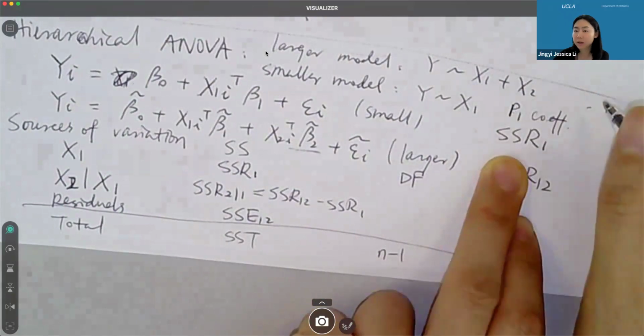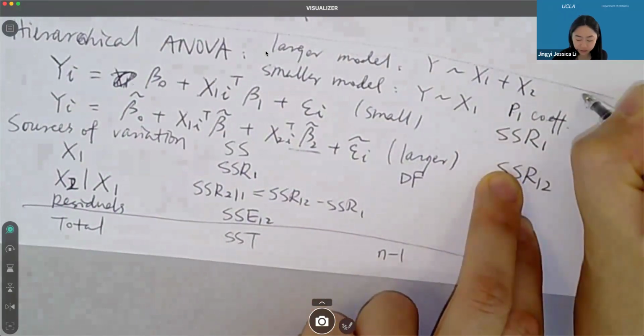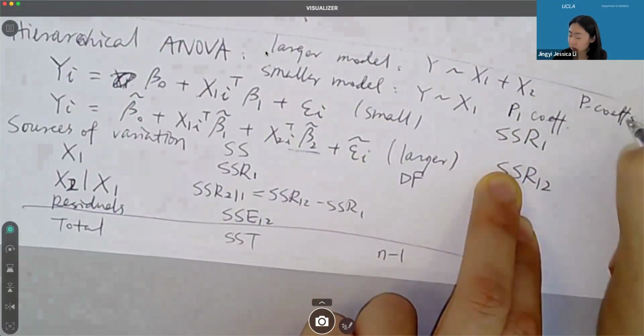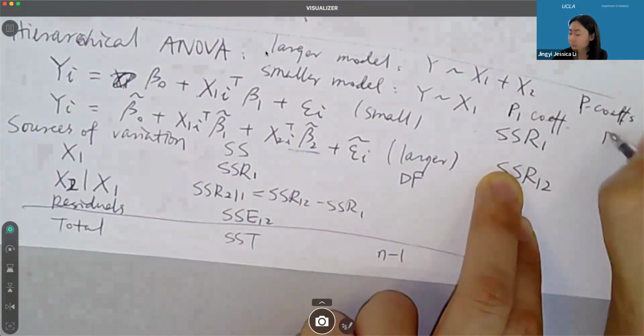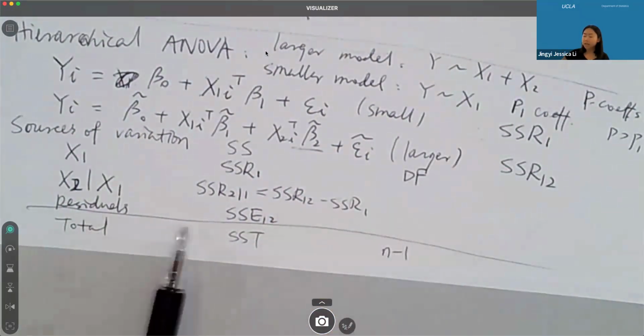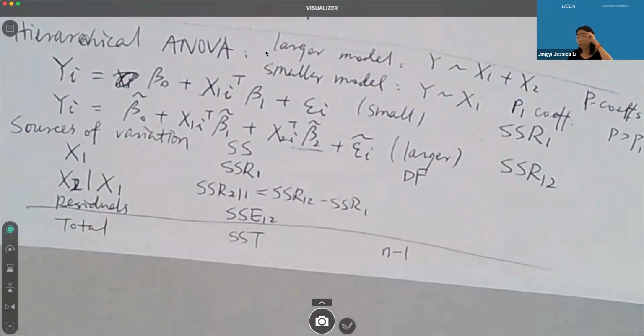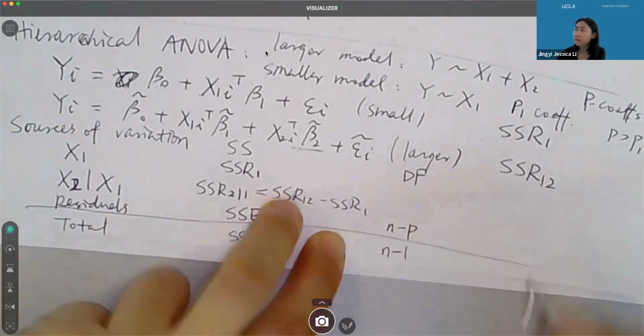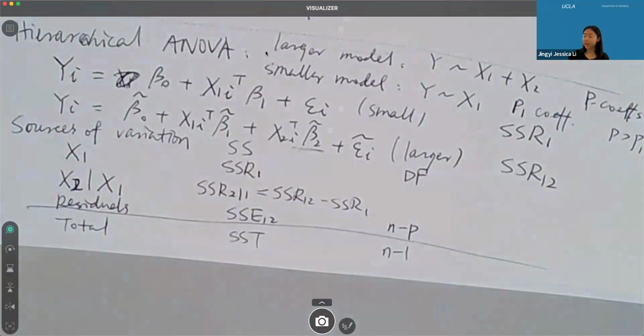And for this larger model, let's say we have P coefficients, so P is greater than P1. That's the setup. Then the residuals are from fitting the full model, and that will give us n minus P degrees of freedom.